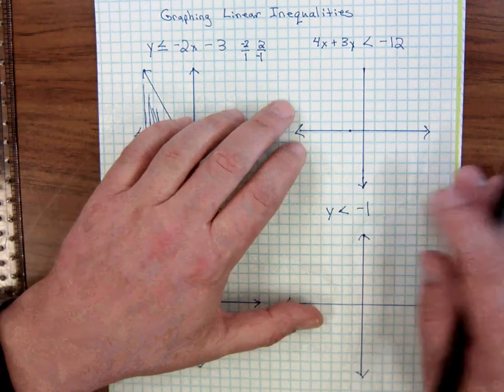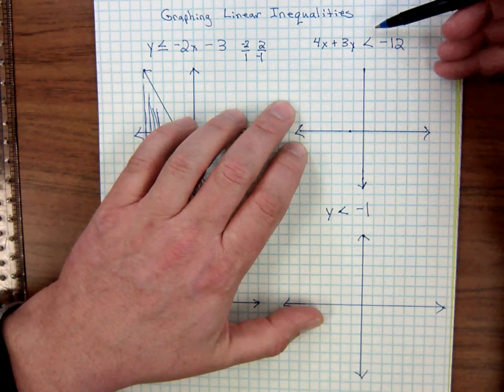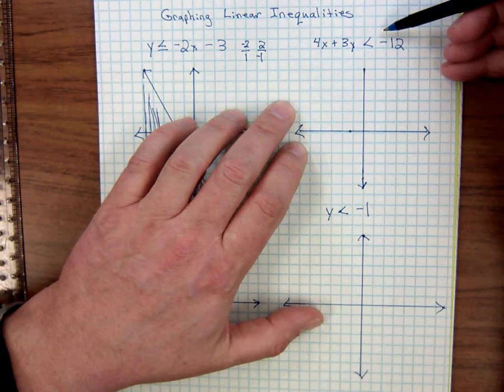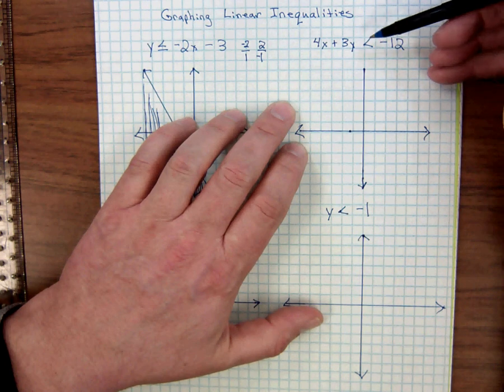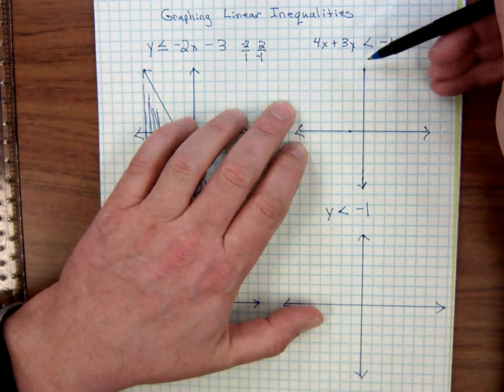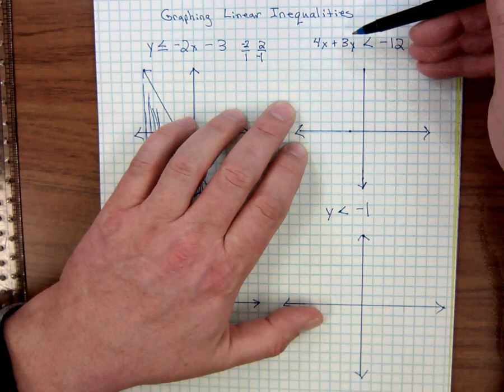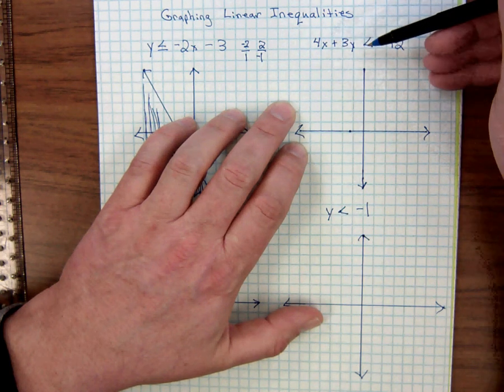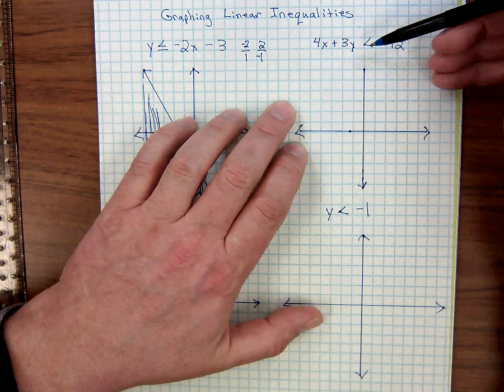Another thing you're going to come across is a linear inequality that's not written in slope-intercept form. Now you have 2 options here. One's a little faster than the other. You could change this to slope-intercept form, but it's going to require some algebraic work. Or, remember, we can also draw a line representing this equation by finding our x and y intercepts.